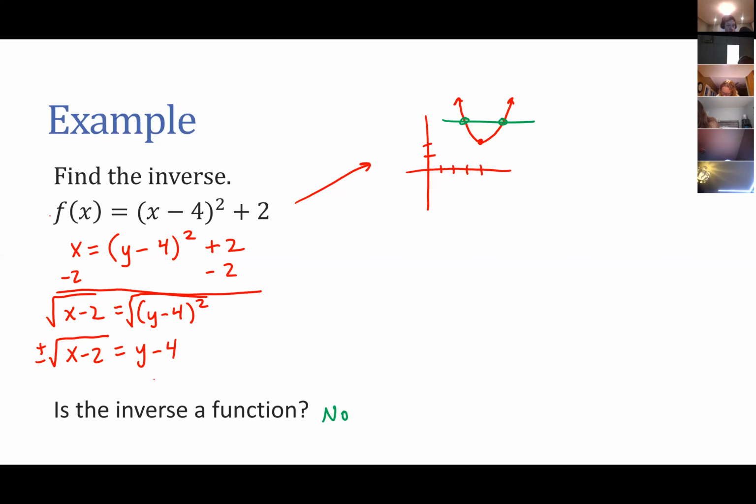And then the last thing I'm going to do is add the 4 over. You can put it in front or behind the square root. I like to put it in front. So my final answer is going to be y equals 4 plus or minus the square root of x minus 2. If you wrote it as plus or minus the square root of x minus 2 plus 4, that's fine. Just make sure that it's clear that the plus 4 is not in the square root.